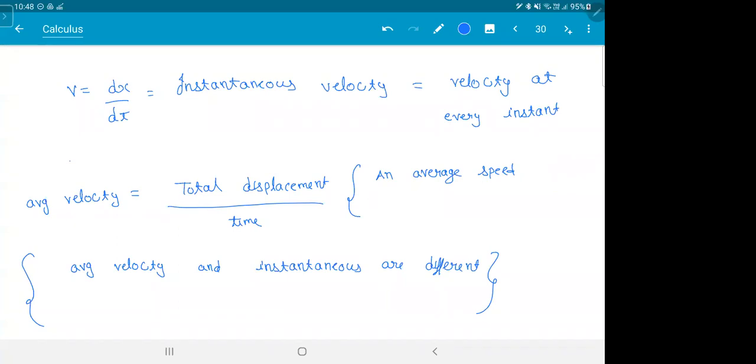An average constant speed, which need not be the actual speed because at every instant your speed is changing. Put it on. We still have to do 2 parts there.